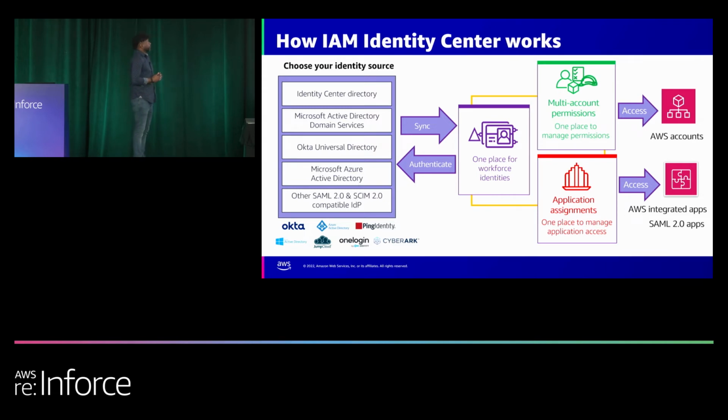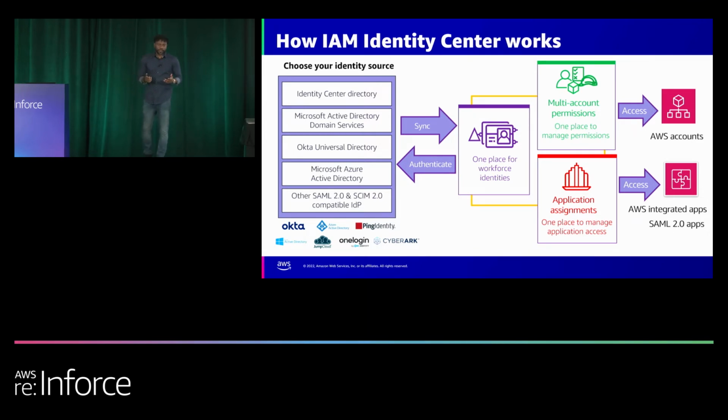Okay, so how this works is you choose your identity source and you're able to, well, actually that's not true. The first thing you need to do is actually enable the service, right? After which you choose an identity source. Now, there is a plethora of options for the identity source that you can use with IAM Identity Center.